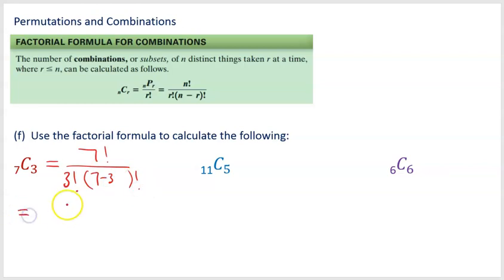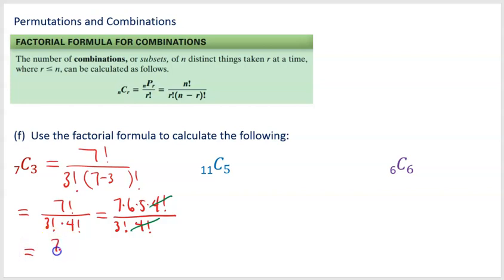Now to simplify, I'm going to say that's 7 factorial divided by 3 factorial times 7 minus 3 is 4 factorial. Now hint here, write the top one down to the biggest one in the denominator. Since 4 is bigger than 3 factorial, I'm going to write 7 times 6 times 5 times 4 factorial divided by 3 factorial times 4 factorial, and what's going to happen is these 4 factorials are going to cancel each other out.